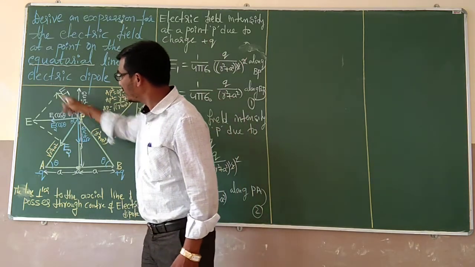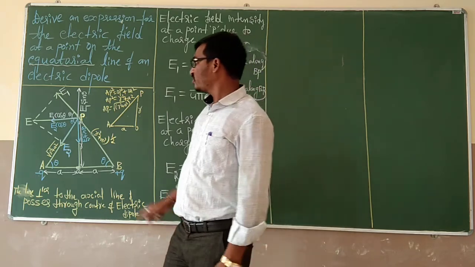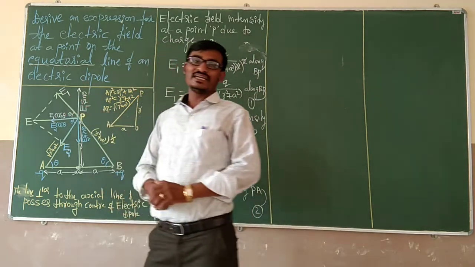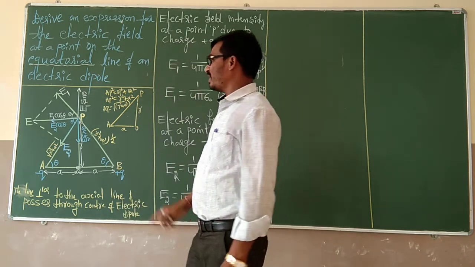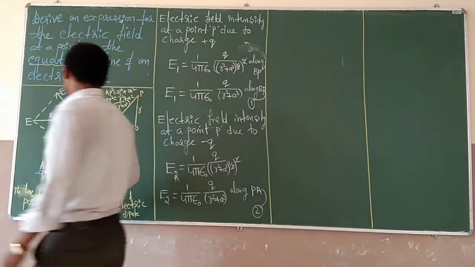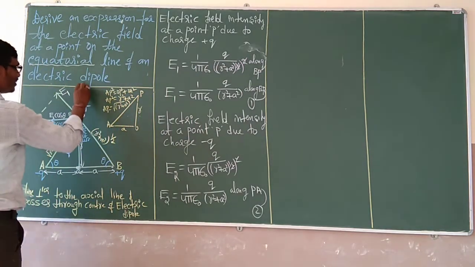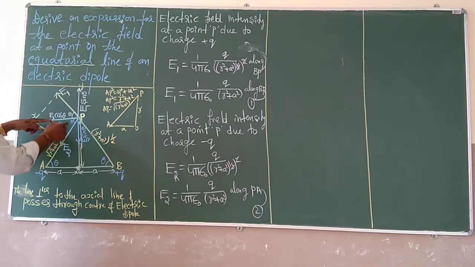This is E1 in this direction, E2 is also in this direction. But here, dear students, this electric field E1 is resolved into two components. If we choose this as the y-axis and this as the x-axis, electric field E is resolved into two components.